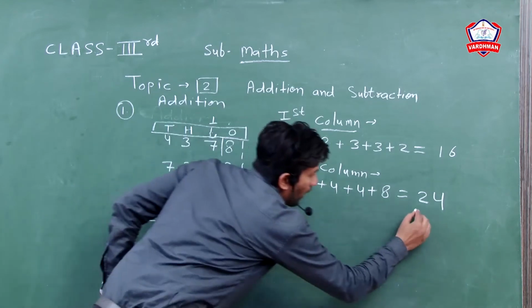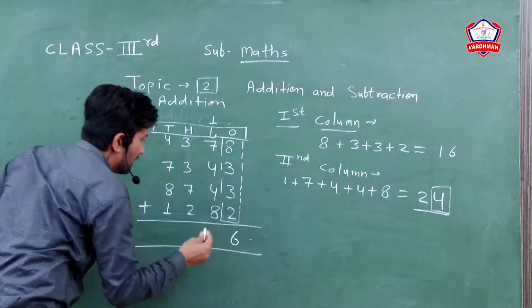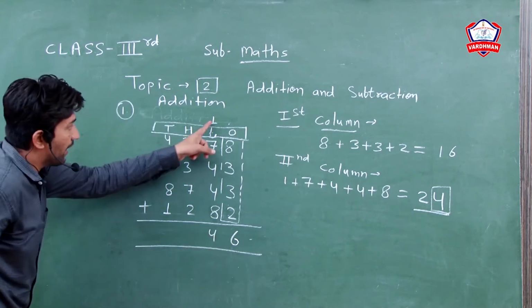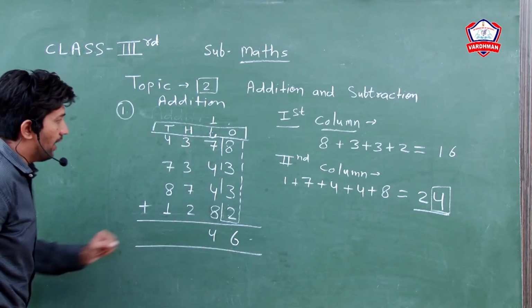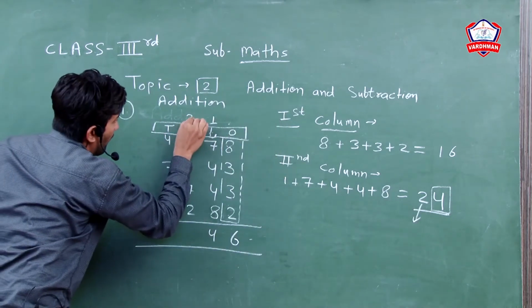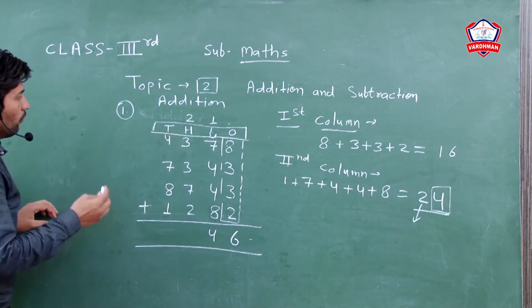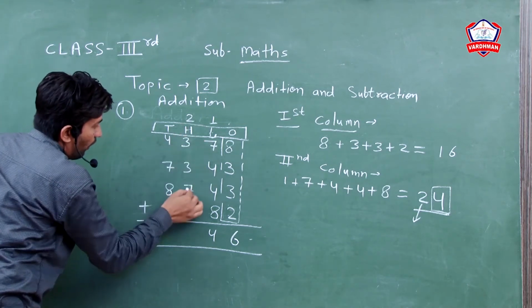Now we have 24. The 4 is written in the second column of the 10th, and the carry is 2. Now the carry is going to the 100 column. Now we will add the third column.